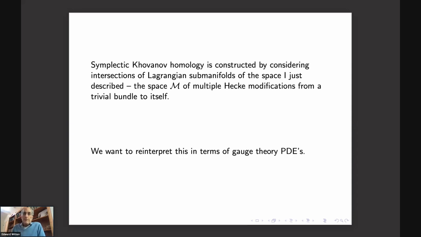But remember, our goal was to get a description of the Jones polynomial and Khovanov homology, where topological invariants will be more obvious than they might be in other approaches. For that, we want to describe the space of Hecke modifications in terms of PDEs. So we want to describe the same space M as the space of solutions of some PDE.